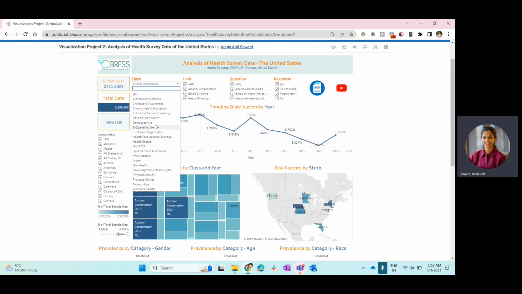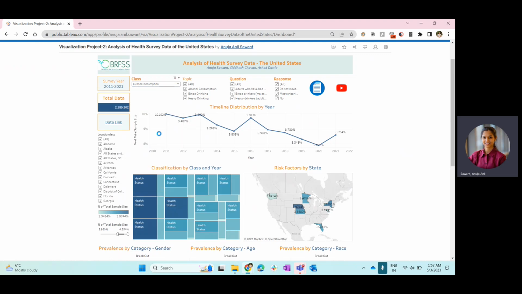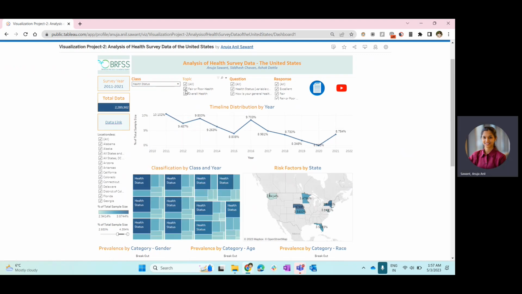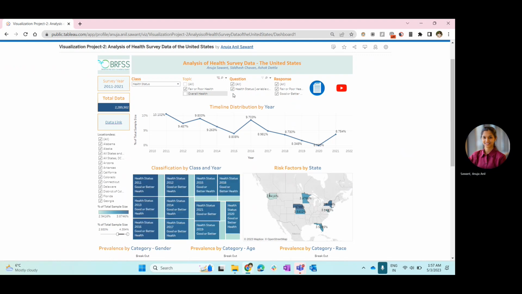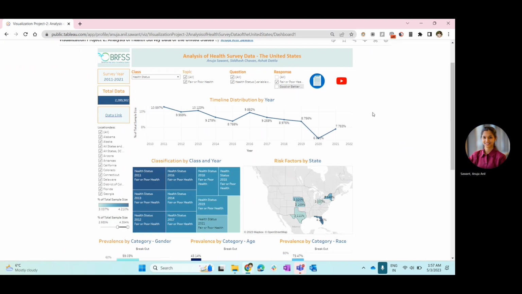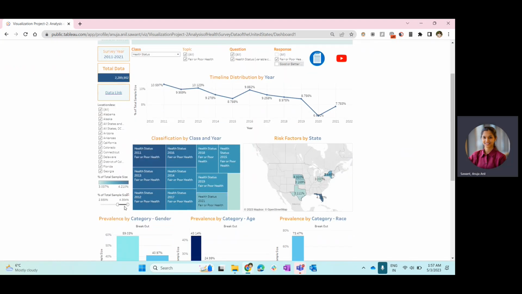So I was saying we will check the health status. Under health status, I selected the class health status, and the topic will check for poor health. The question is what is the health status recorded? Those who responded with poor health status are the highest in the state of Florida.